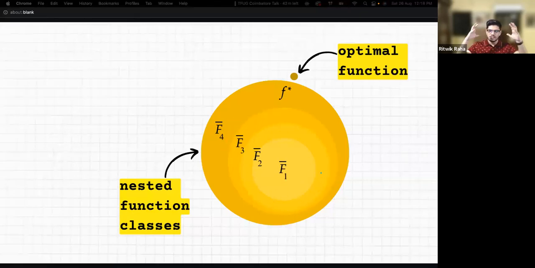And thus, as you see, it's generally growing like a shell in size, encompassing all possible functions inside that class of functions. And the probability that the optimal function we are trying to approximate with our weights and biases and our training data and label will eventually be encompassed within a bigger F bar, which is our class of functions.